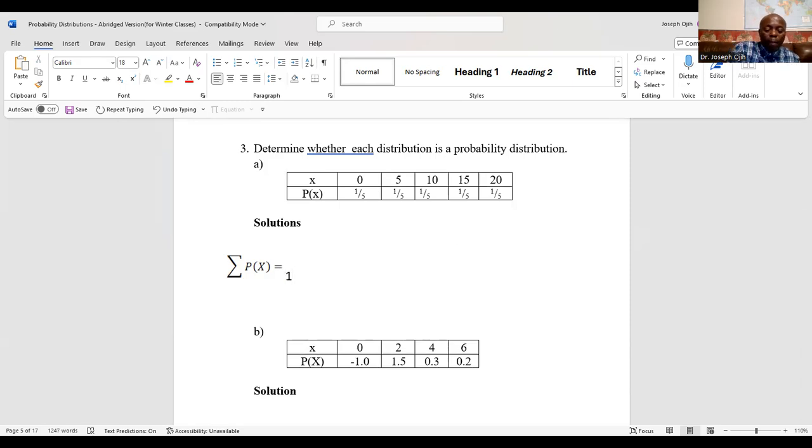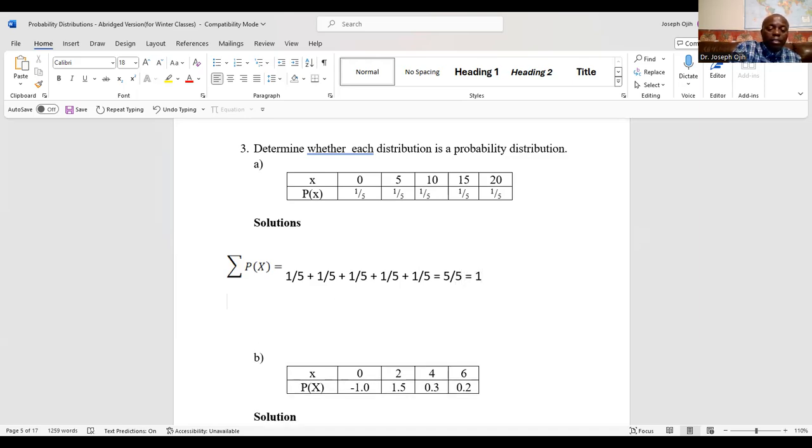1/5 plus 1/5 plus 1/5 plus 1/5, that's 1, 2, 3, 4, plus 1 over 5. That gives us 5 over 5, which is 1.